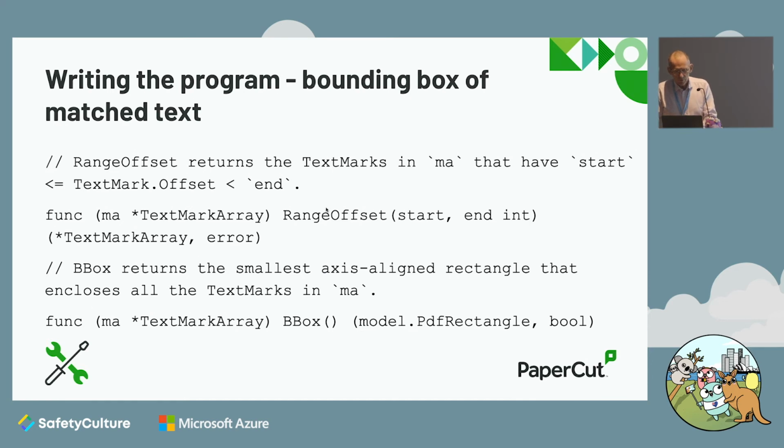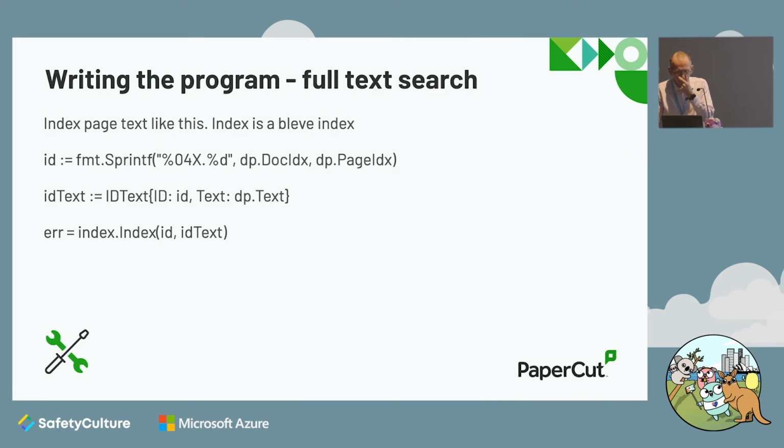We put them into this function, and that returns the text marks corresponding to that substring. We have another function that gives us the rectangle that surrounds all the text marks, but as you remember, it's just the union of the rectangles of each text mark. So these are function prototypes I'm showing here, but there's almost no code. It's a very simple idea.